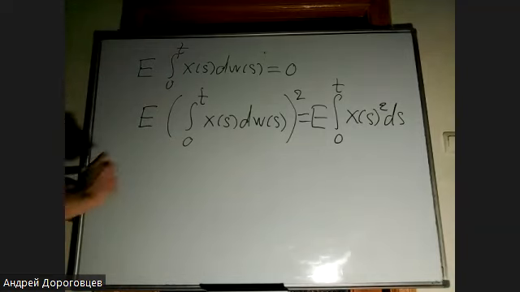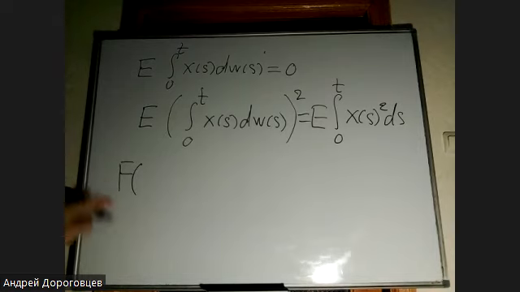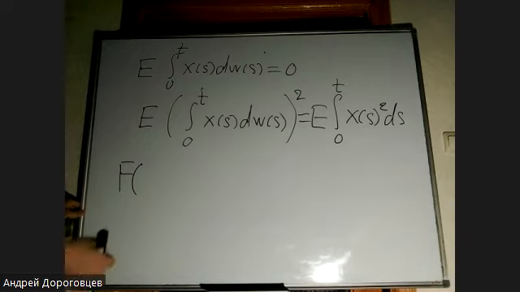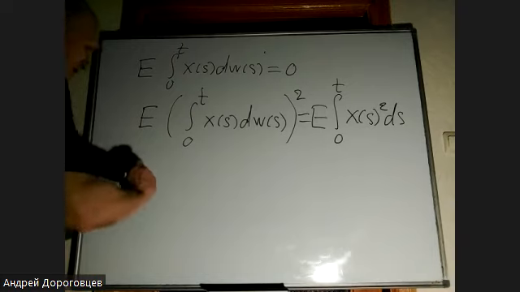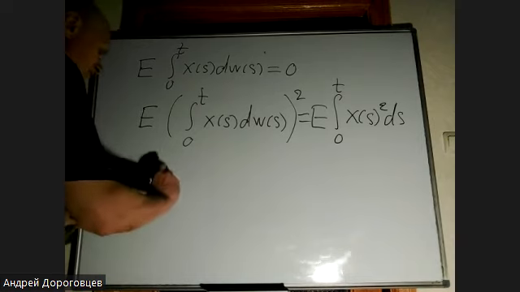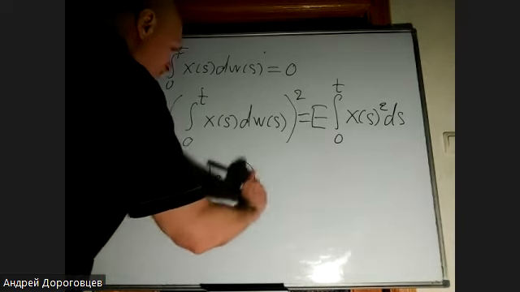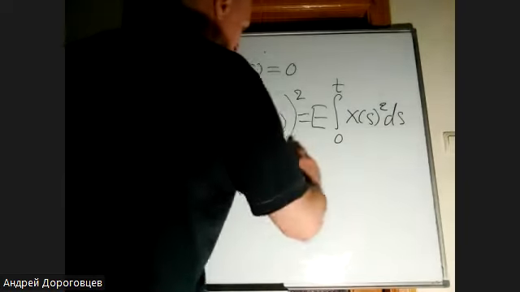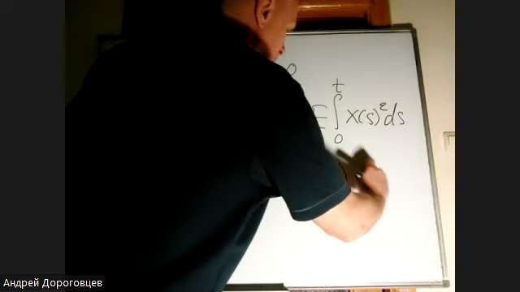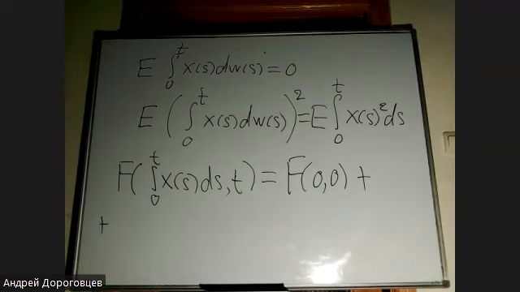And the Ito formula holds. If we have a smooth function f which has two continuous bounded derivatives, then we have the following. The function of the integral from 0 to t of X(s) dW(s) and t is equal to f(0,0) plus terms which are similar to terms arising in the Newton-Leibniz formula.